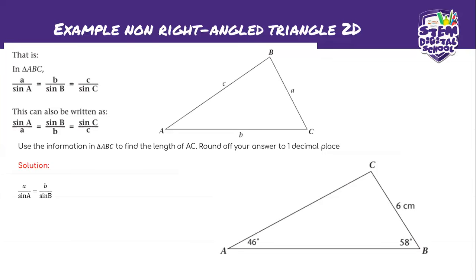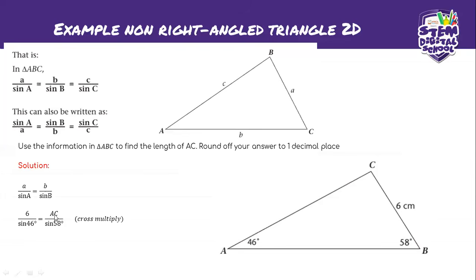All right. Then let's see what we have thereafter. We all know that a is 6 centimeters divided by sine 46 degrees equals to small letter b.